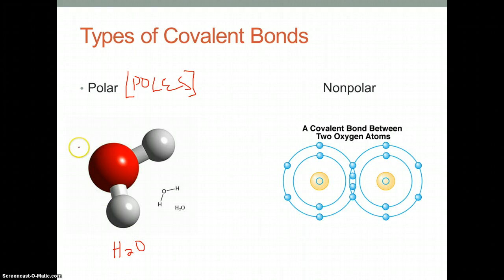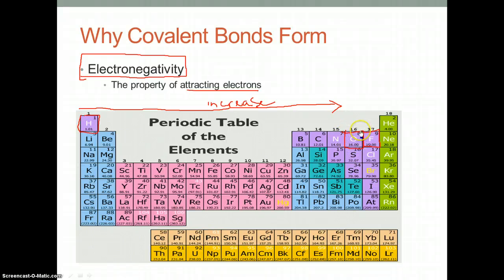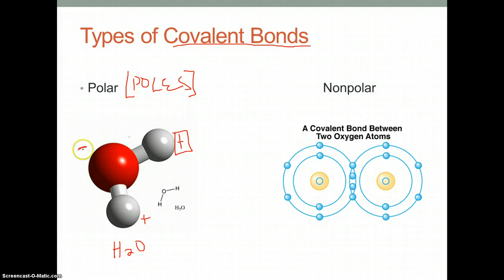The oxygen is negative and the hydrogens are positive. We have discussed this in other videos, but this goes in depth into what causes this. What causes this is electronegativity. Like we said, oxygen has a strong electronegativity. It pulls electrons from other atoms, and hydrogen here has a very low electronegativity, so it is forced to give away its electrons.